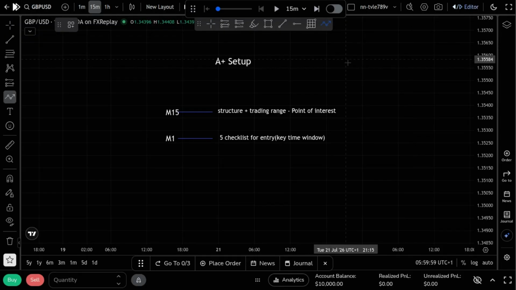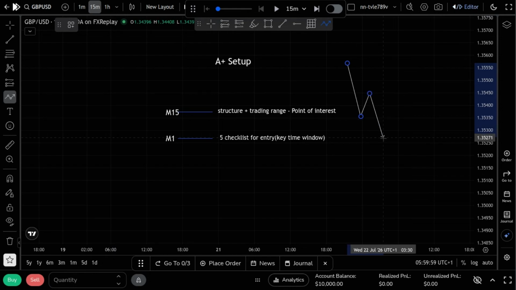A typical A plus setup for me is a price that's moving, let's say, in a downward trend, and then price starts to pull back. We see a bit of hesitation, which is a market range. This mostly forms during the Asian session, and then London Open.